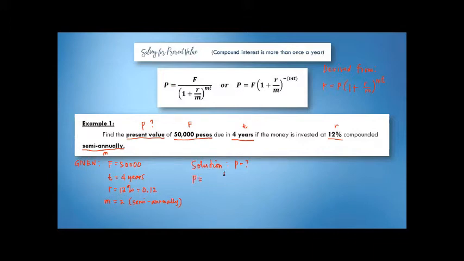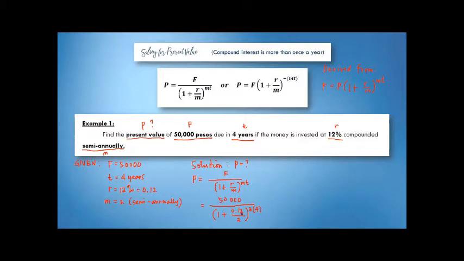So we have F all over the quantity of 1 plus R over M raised to M times T. Substitute natin, we have 50,000 all over the quantity of 1 plus 0.12 divided by 2 raised to 2 times 4.